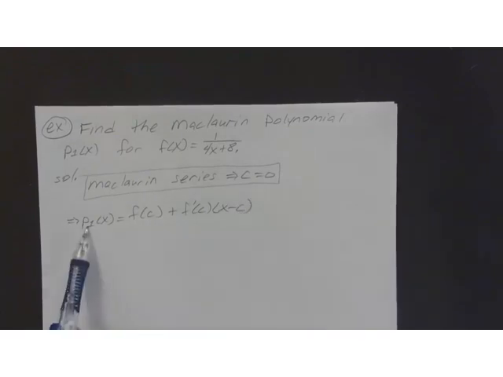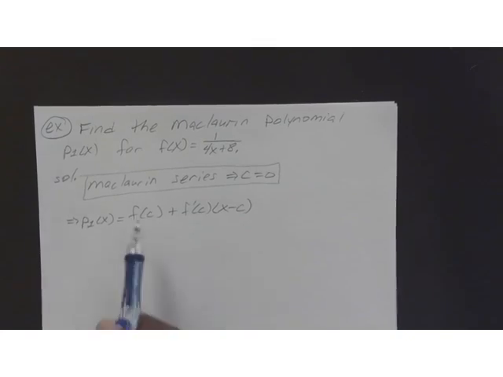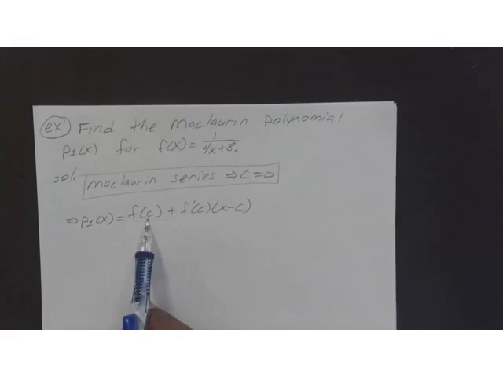So we're only going to the first derivative term. Okay. So we need to find, well, we already know f of x. We need to find f prime of x before we can plug in c is equal to 0.